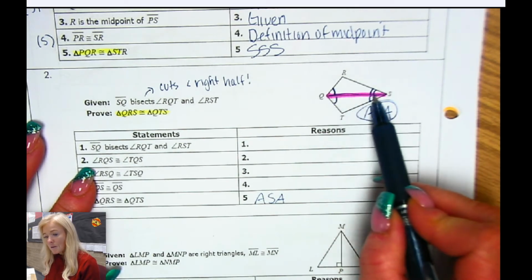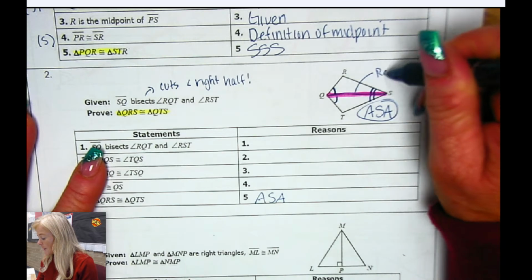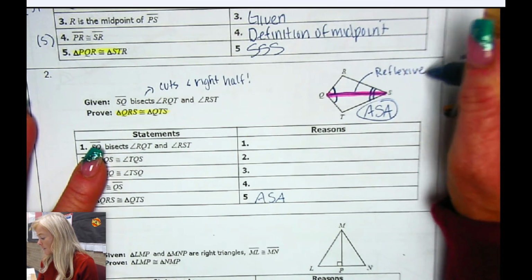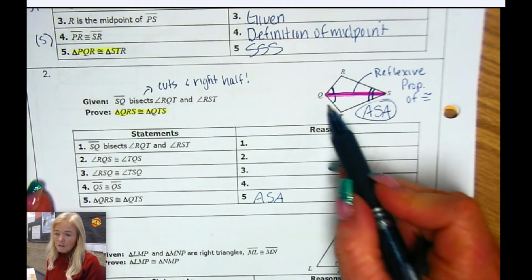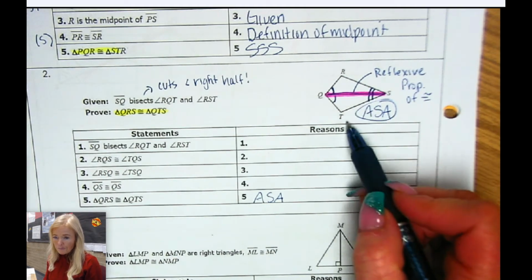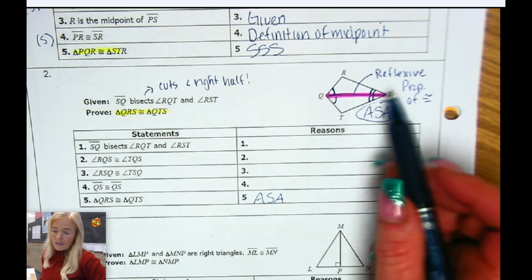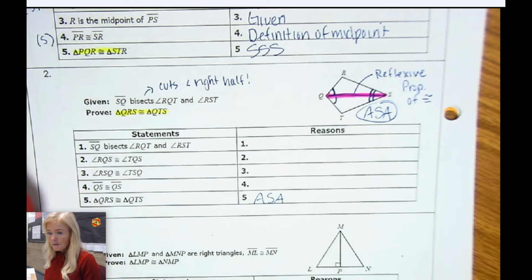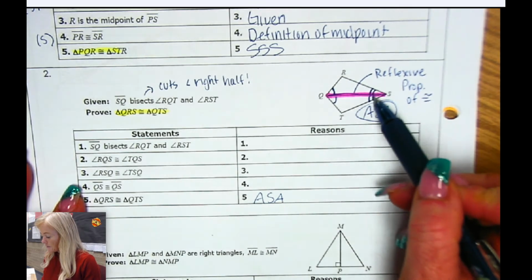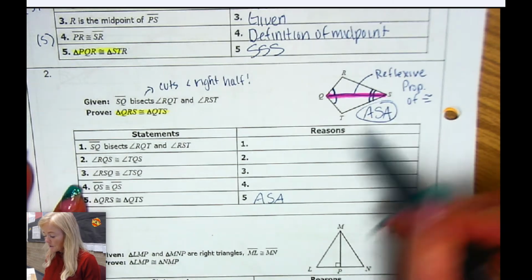We know it to be congruent because of a property that we haven't used a whole lot before, and that's the reflexive property of congruence. It is a side of both triangles, and because it's the same side, it will be congruent to itself by the reflexive property. And then we have this angle is congruent to this angle, and we have to state all 3 of those statements, and then once we've done that, we know for sure the triangles are congruent by angle, side, angle.